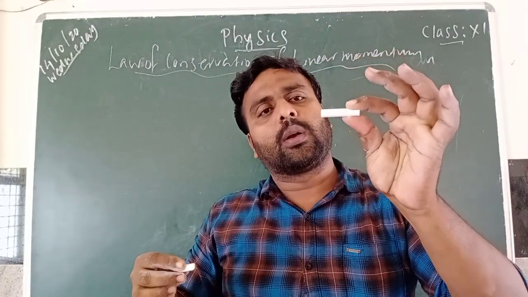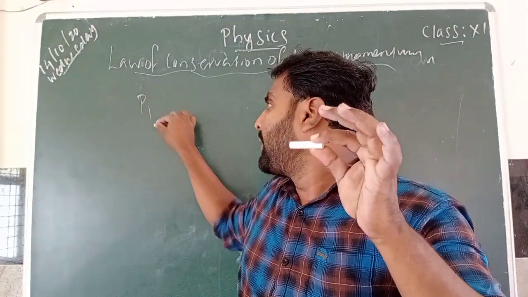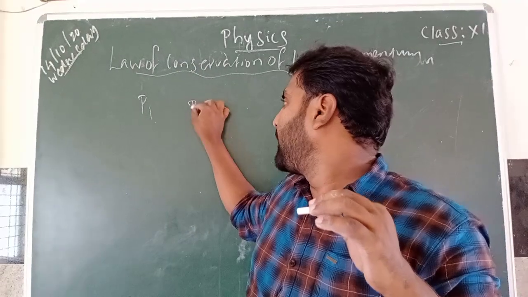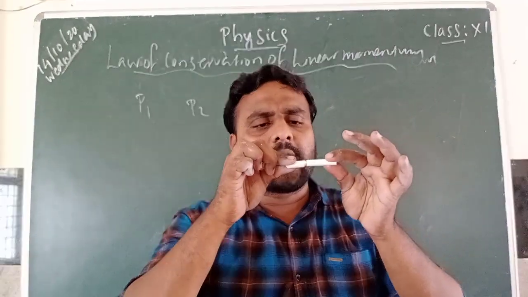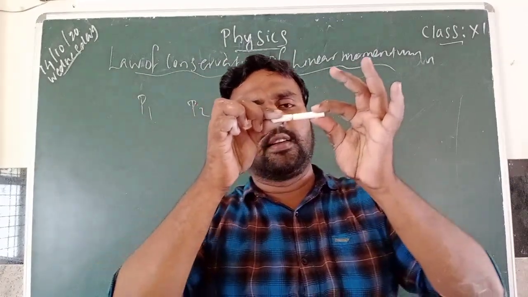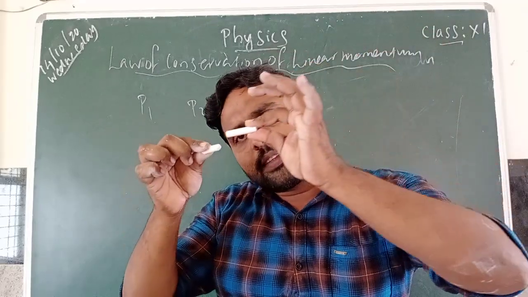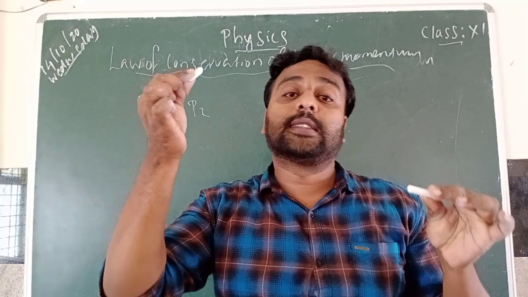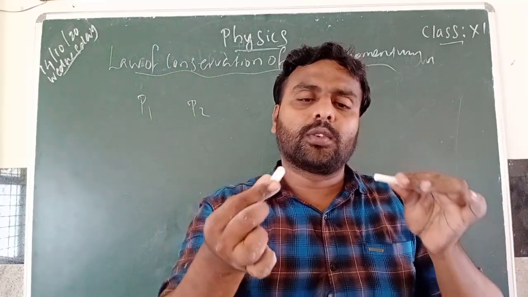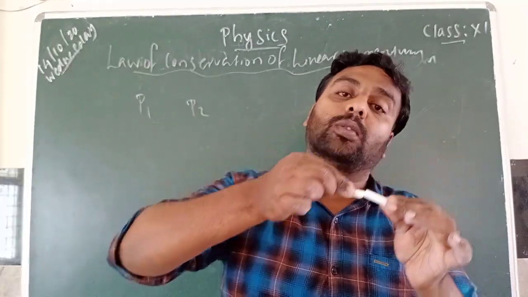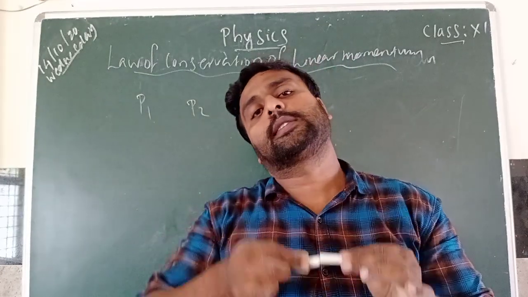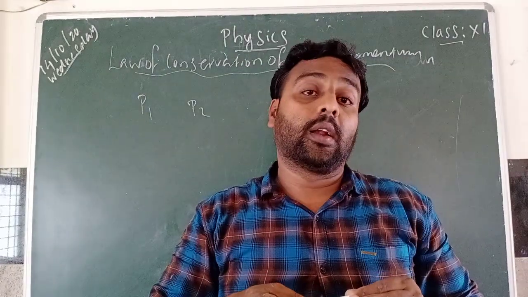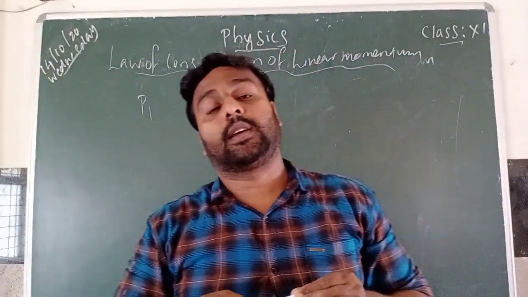This is particle 1, P1, and this is particle 2, P2. When they interact, particle 1 exerts a force on particle 2, and at the same time particle 2 exerts a force on particle 1 in the opposite direction.